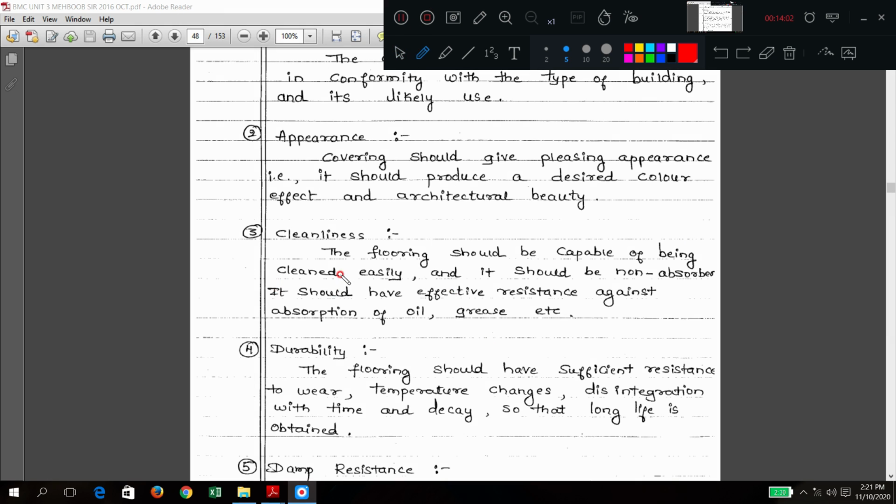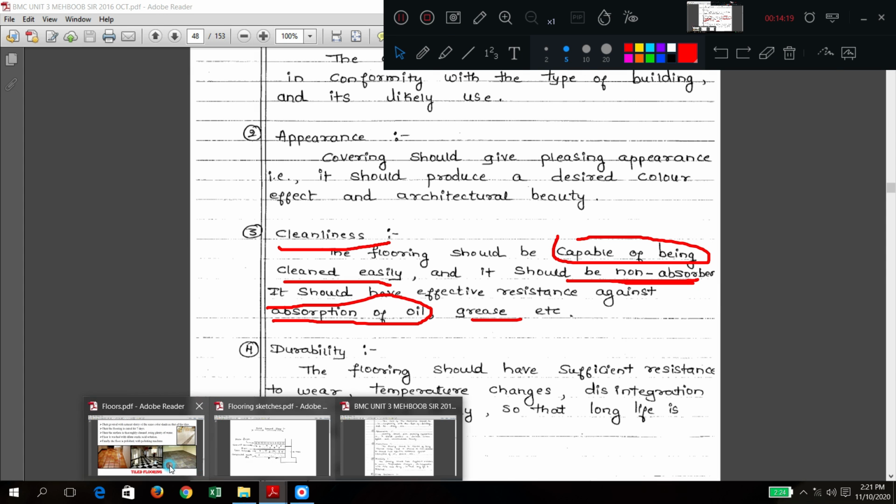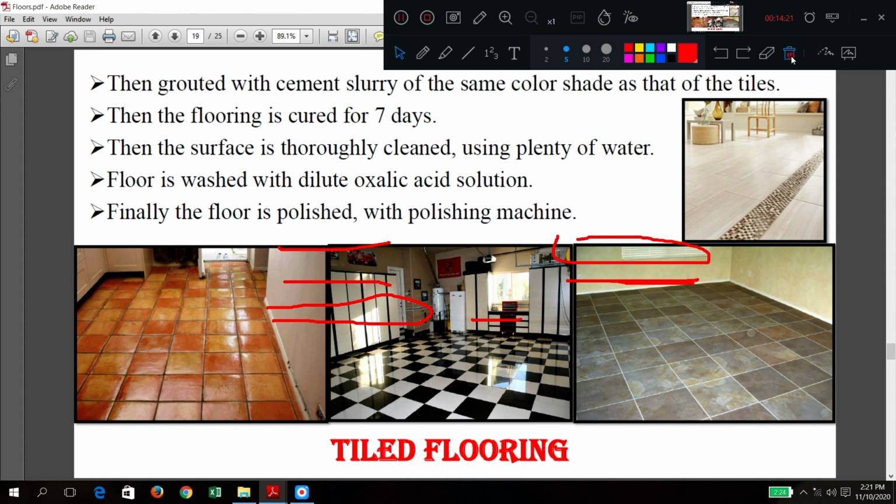Cleanliness means it should be cleaned easily, capable of being cleaned easily. It should be non-absorbent, with resistance to oil absorption and grease. Let us go to this diagram. Let us say this is a kitchen. What will happen if the cooking oil falls? The tiles should be such that they do not absorb that oil.